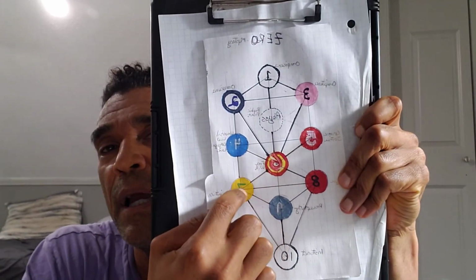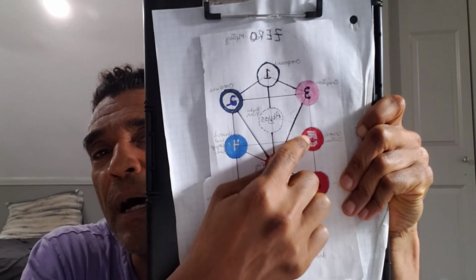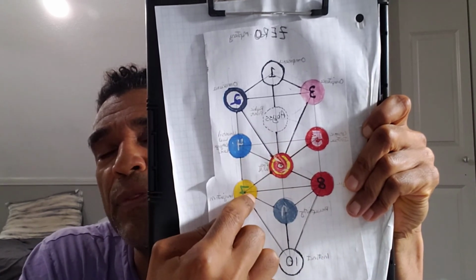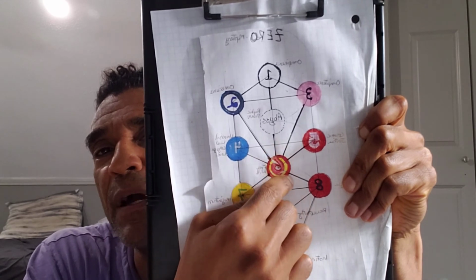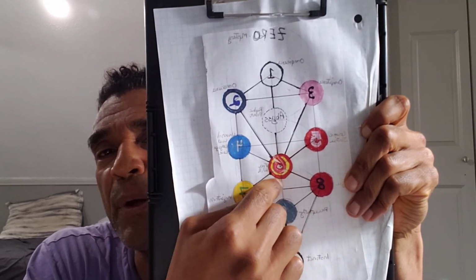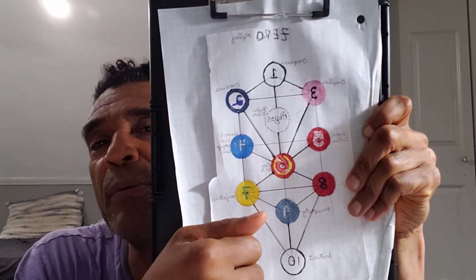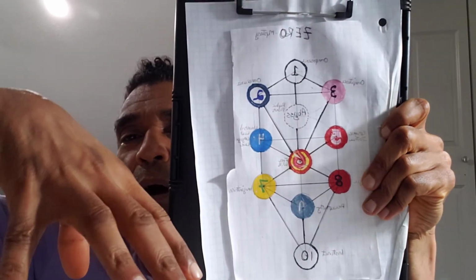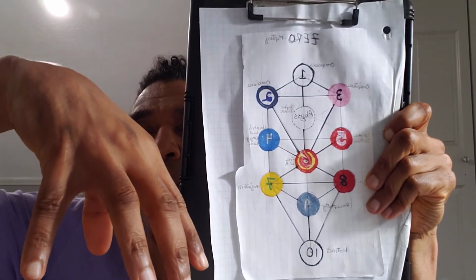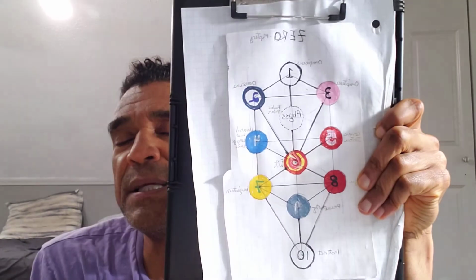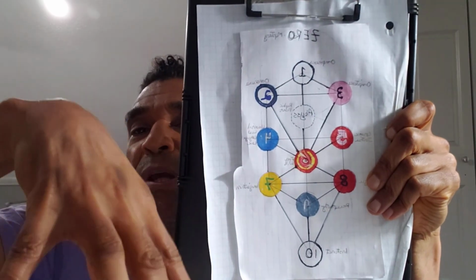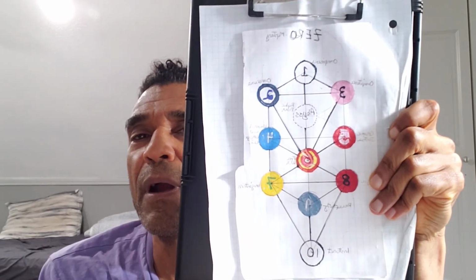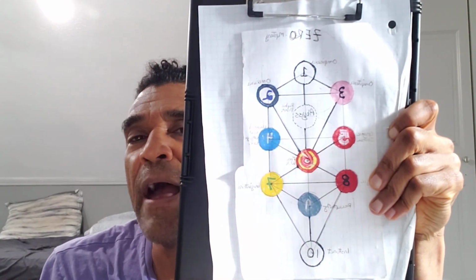You can see that this is really a pyramid, with this the base of the pyramid, and this here the peak, the apex of the pyramid. But a pyramid is actually only half. A pyramid is half of an octahedron. An octahedron has both a peak and a nadir, a valley.